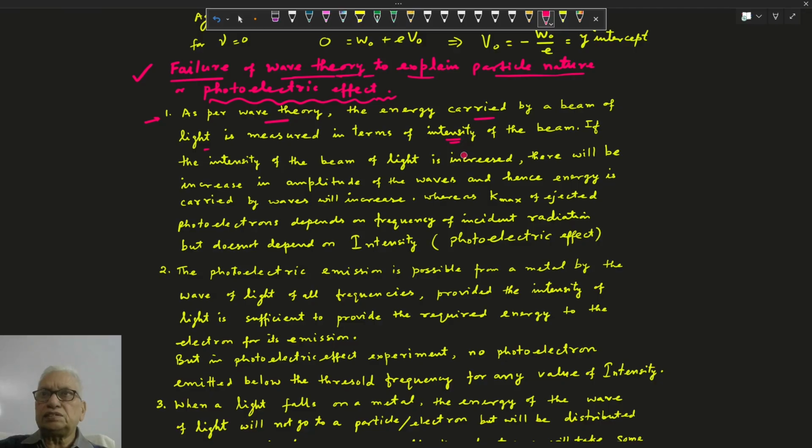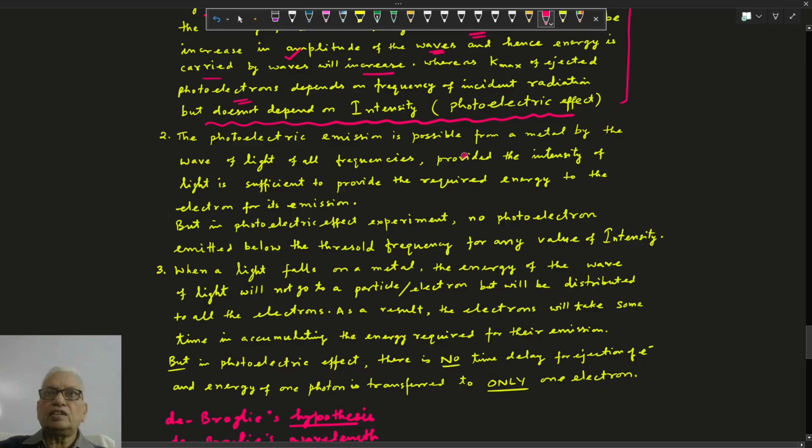If the intensity of light is increased, there will be an increment in the amplitude of the wave, and hence the energy carried by the wave increases. It would mean the kinetic energy of the ejected photoelectron depends on the intensity of the incident radiation, but this is not the case in the photoelectric effect. Kinetic energy does not depend on intensity, it depends only on frequency. So this is the failure of wave theory.